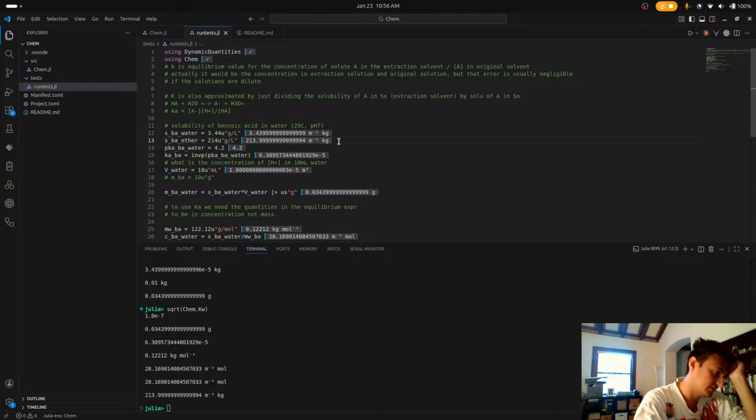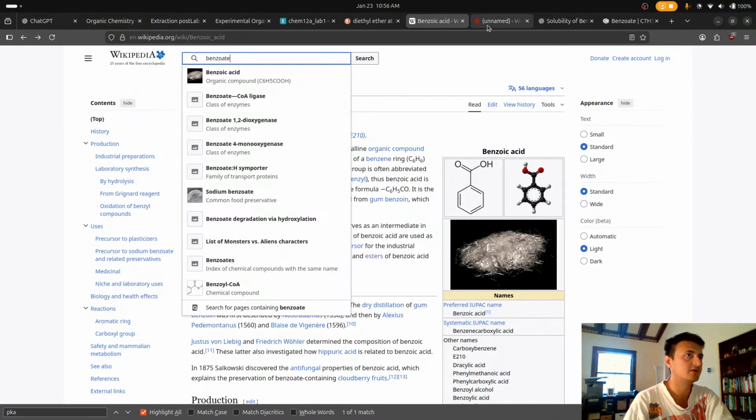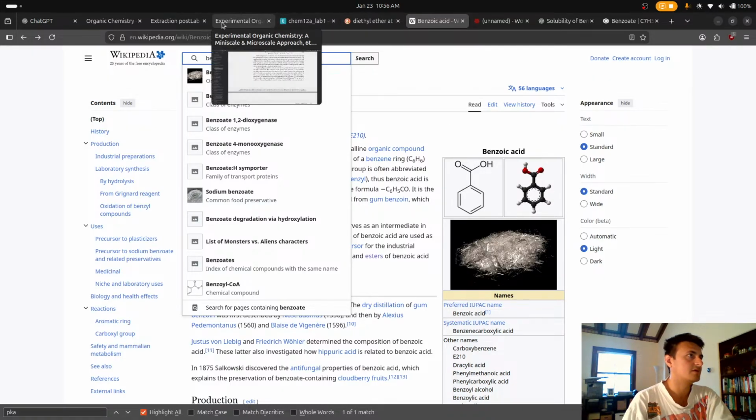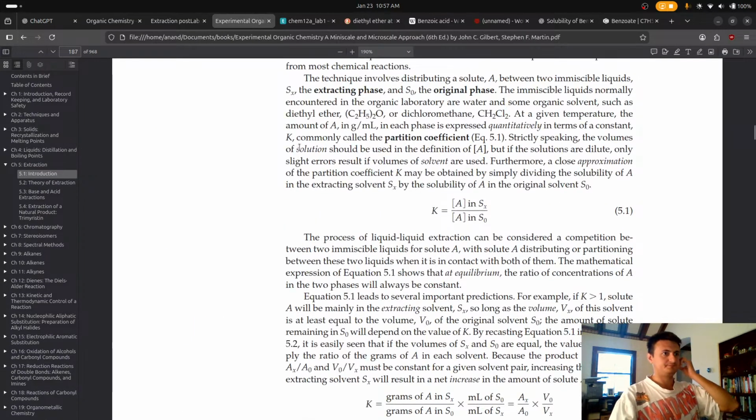Okay, so we have the two solubilities, so we should be able to just get the K. We kind of did a long-winded thing because we wanted to do the concentration of... I mean, yeah, we would just do the... so the original is ether, right?